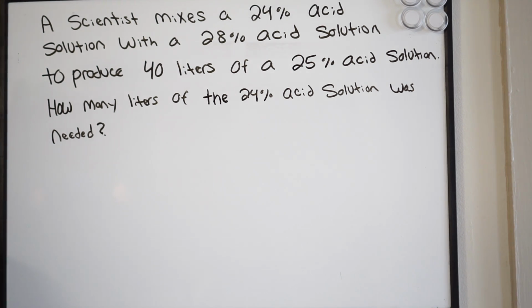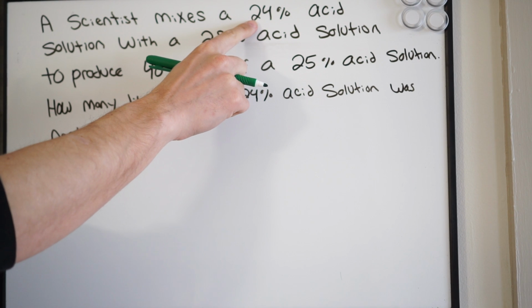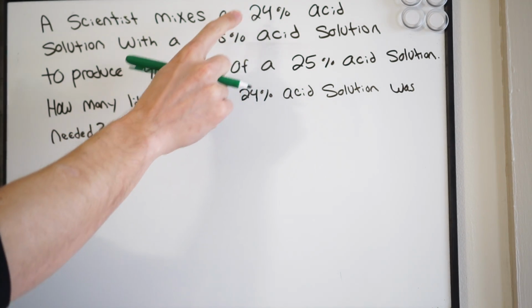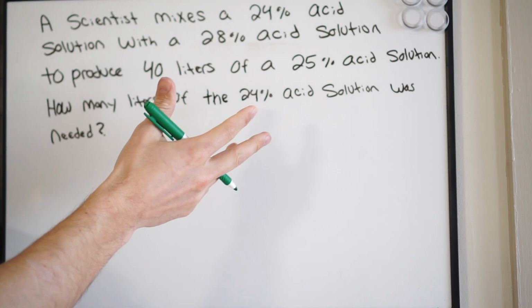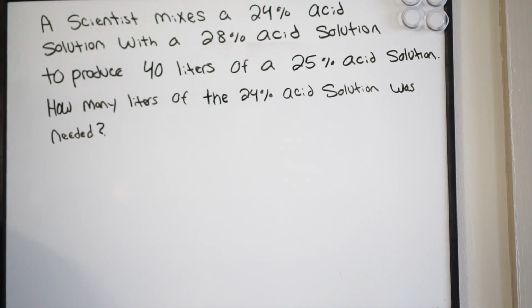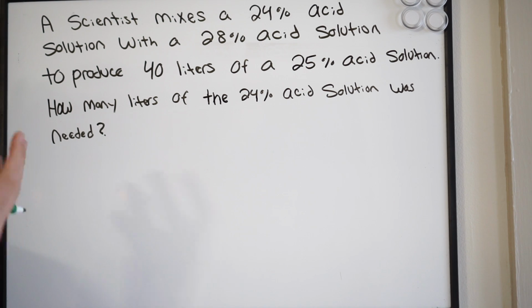Okay, so going back to the problem, we need to create two equations here so that we can solve for one of the variables. Alright, well, let's write this out. We know that we have a concentration of 24 and a concentration of 28. And we know that that's all going to equal in the final a concentration of 25. Alright, we also know we're dealing with a volume here, or we're dealing with liters.